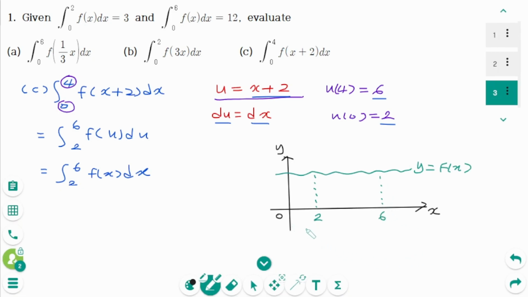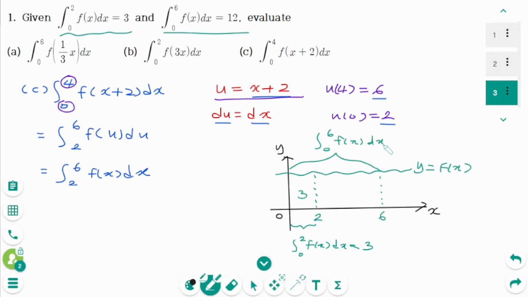Then this area, the integral from 0 to 2 of f of x dx, equals 3 here, and this part, the integral from 0 to 6 of f of x dx, is 12. Then 3 plus 9 makes 12, so this part is 9.